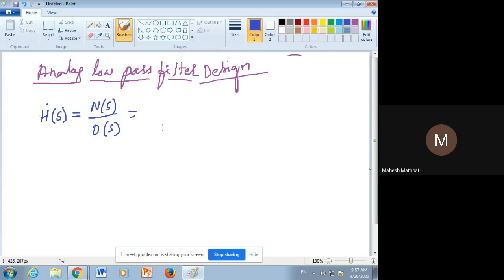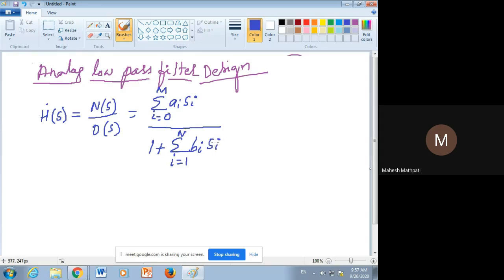Or it can be simply written as the summation i equals 0 to m, and this equation we have used many times, a_i s^i, divided by 1 plus the summation i equals 1 to n, b_i s^i, right?